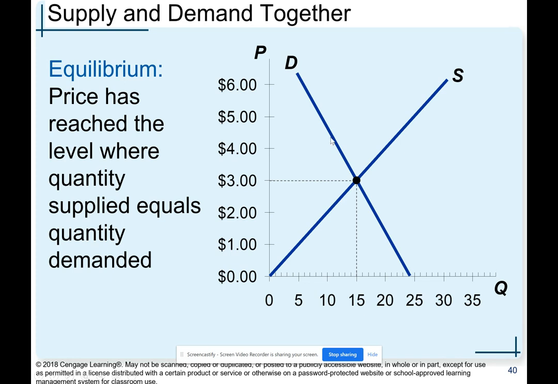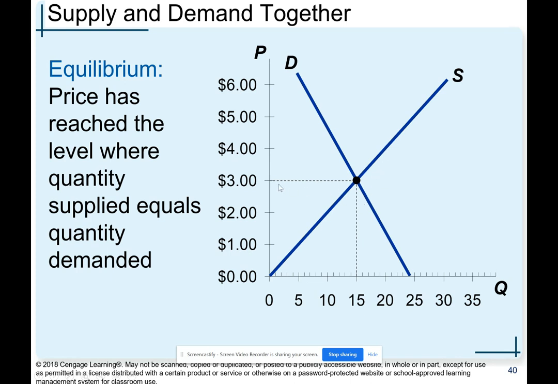Supply and demand put together to establish equilibrium. Equilibrium price has reached the level where quantity supplied equals quantity demanded. That point where supply and demand cross each other is called equilibrium price and equilibrium quantity.